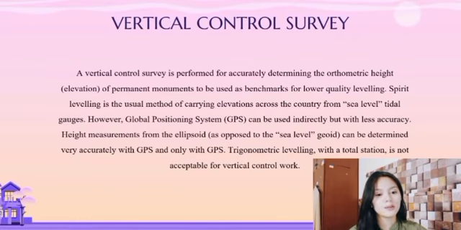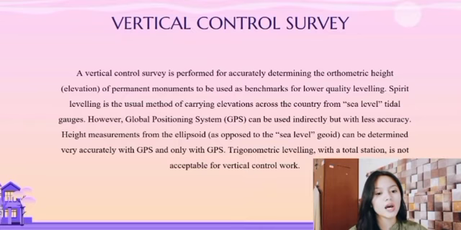However, the Global Positioning System (GPS) can be used indirectly but with less accuracy. Height measurement from the ellipsoid, as opposed to the sea level datum, can be determined very accurately with GPS and only with GPS.